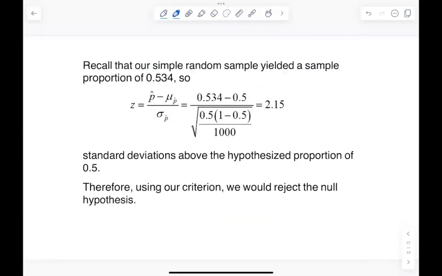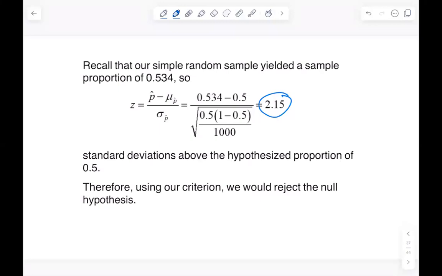I'm sorry, I'm bumping around. When I calculate the Z-score of my random sample, I got a Z-score of 2.15. Since 2.15 is more than 2 standard deviations away from the mean, it is statistically significant, and because that is the case, we would have to reject our null hypothesis.